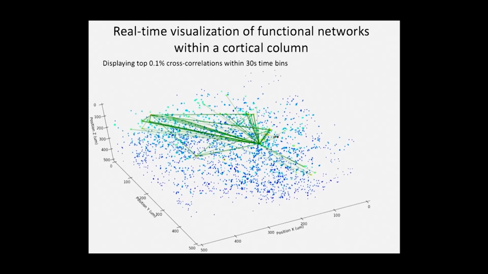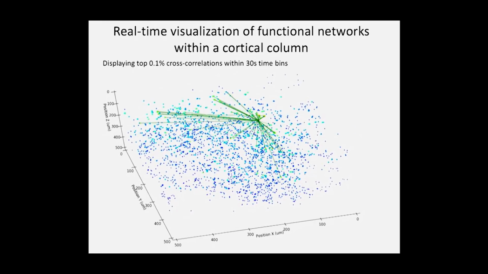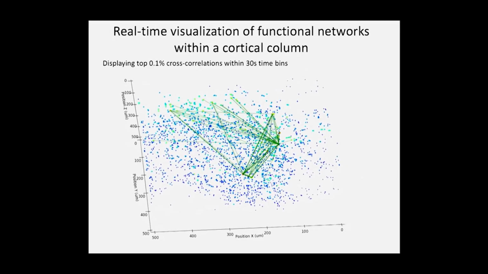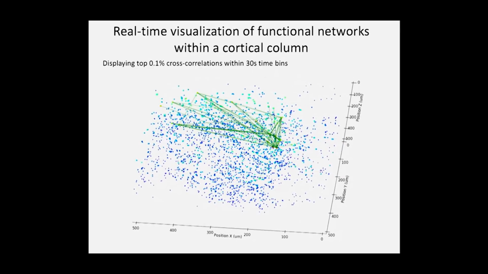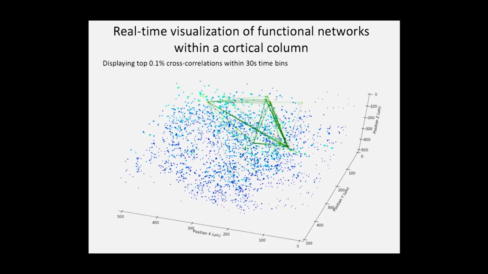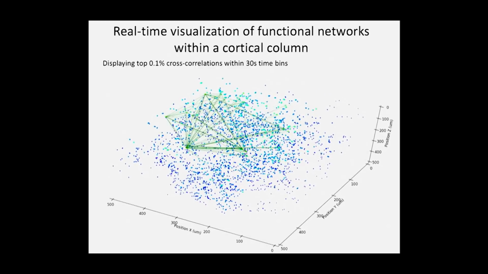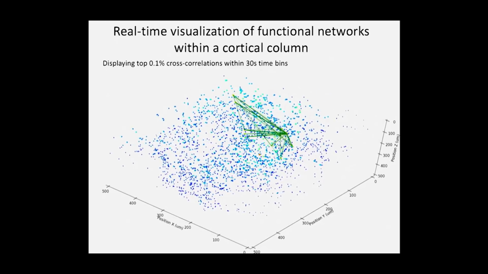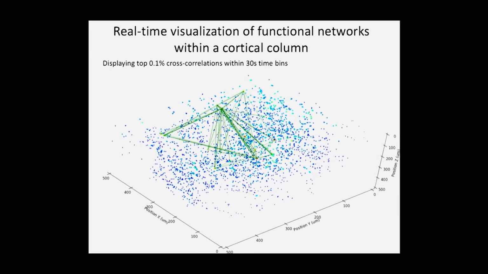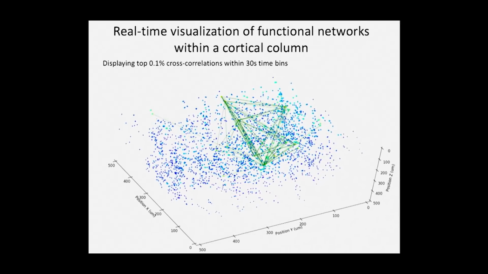We observe interesting functional connectivities or networks that form transiently and then change over time. Here the strength of these lines indicates the degree of correlation. One could look at these in principle and ask how they change under different behavioral states, in diseased states, and so on.